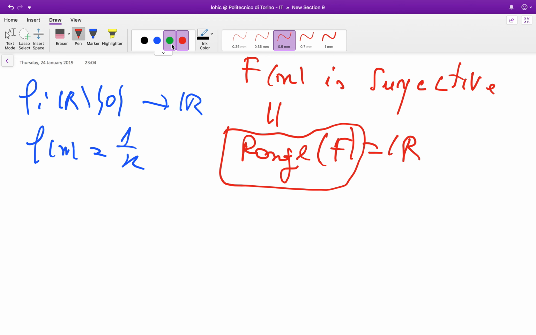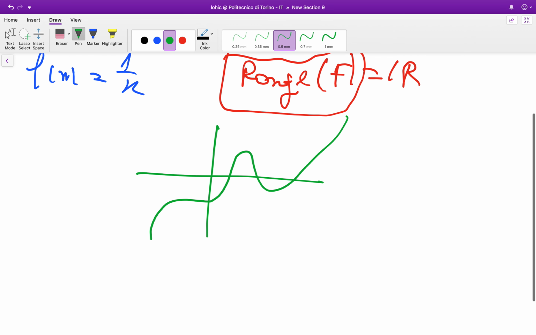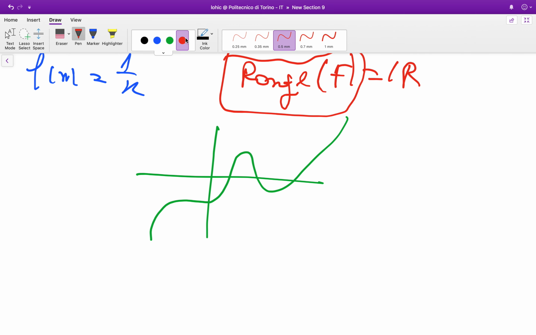So, for example, let's consider that I give you a function like this one. Where do I read the range of a function? The range is on the y-axis, right? You see that for any y that I take here, I will find the corresponding x. Yes or not?